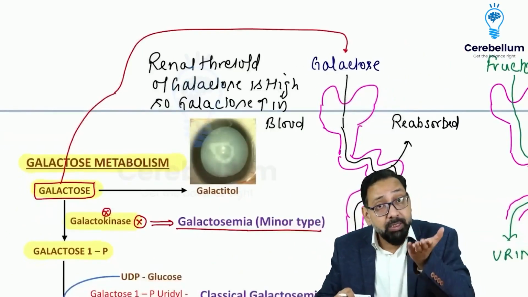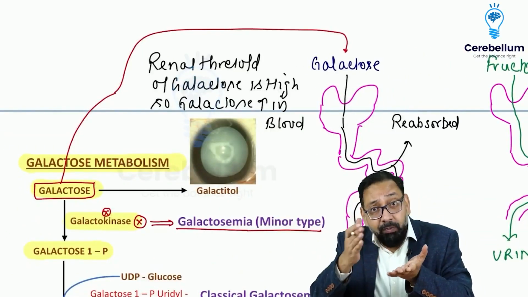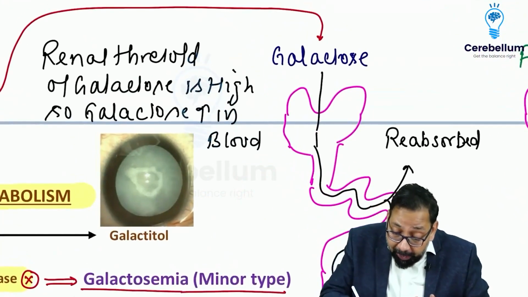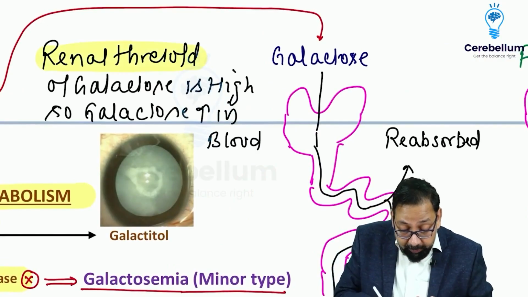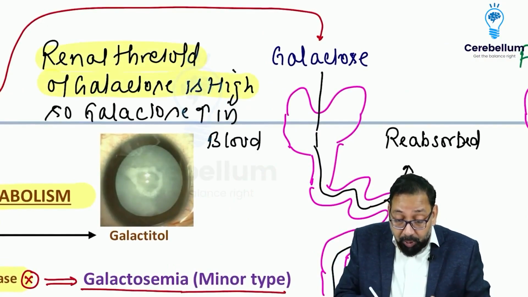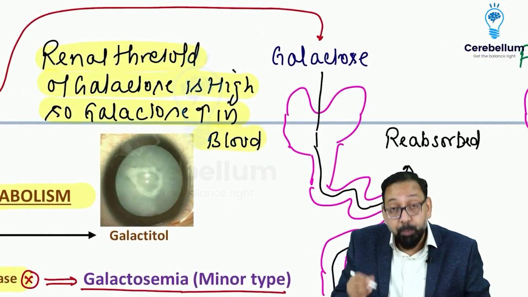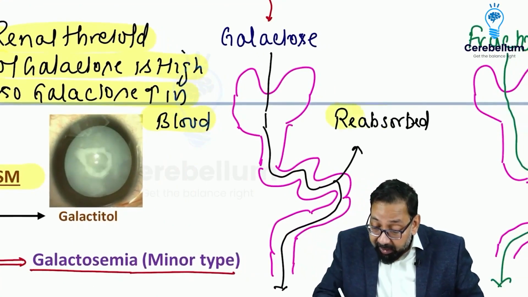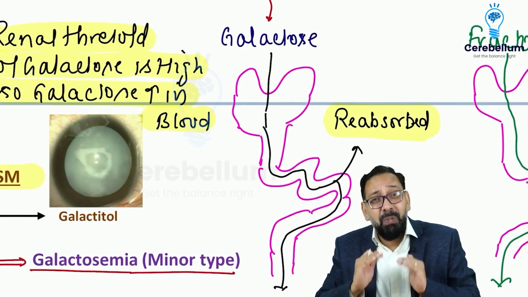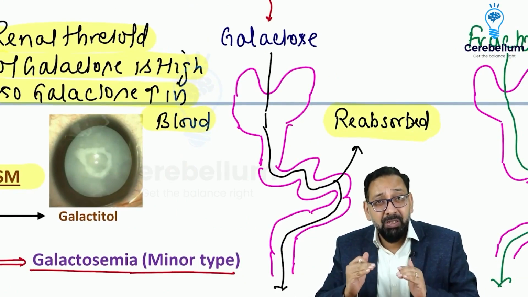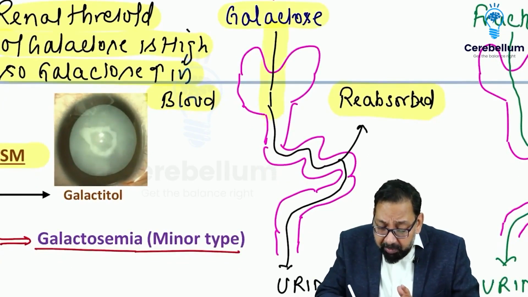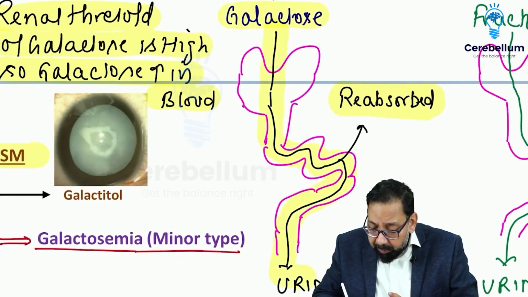So galactose increases in blood, it will be filtered by glomeruli, but the renal threshold of galactose is very high, so galactose is reabsorbed up to the maximum amount. In spite of maximum reabsorption, galactose is very high in blood, so some amount comes in urine.